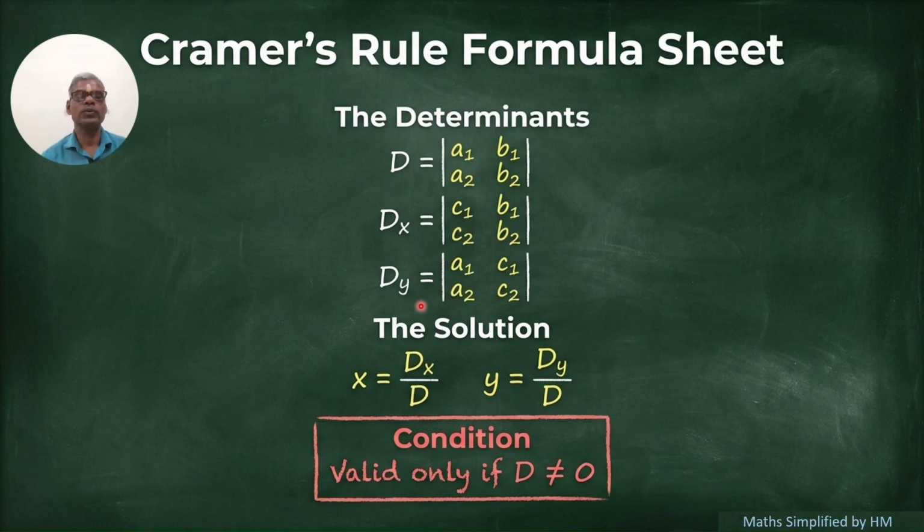Dy is equal to a1 a2 c1 c2, where the coefficients of y are replaced by c1 c2. The solution is x is equal to Dx upon D, y is equal to Dy upon D. The condition is that it is valid only if D is not equal to 0.